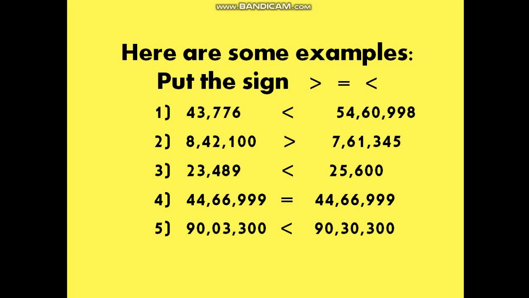But right now, let us compare again from the left-hand side. Digit at 10 lakh place is the same. Digit at lakhs place is the same. But digit at 10,000 place is 0 here, and here it is 3, and 3 is bigger than 0. So this number is greater and this number is smaller.